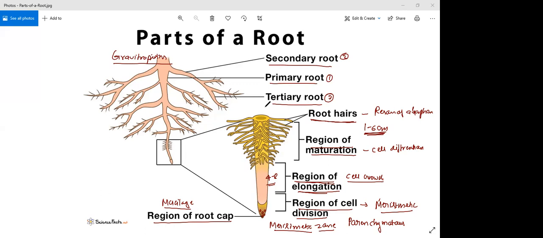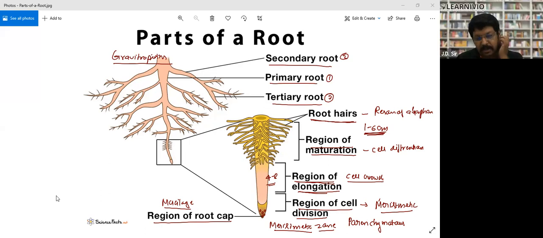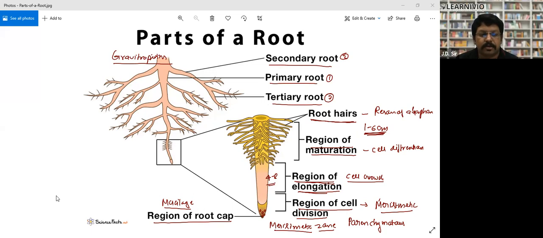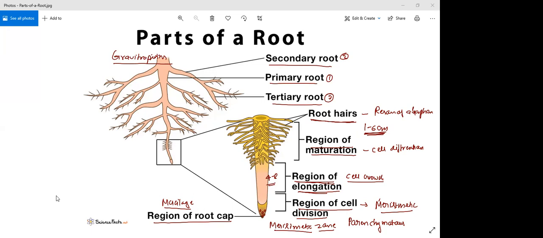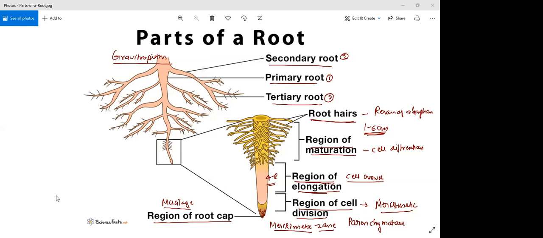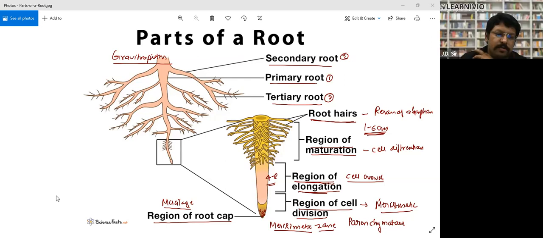Alvia, the last point: they arise from inside the root cells and they are multicellular.